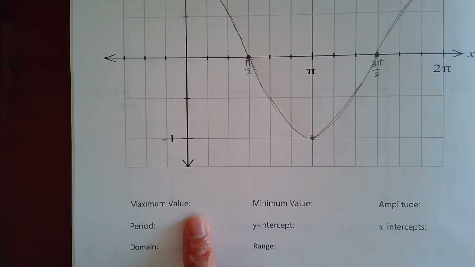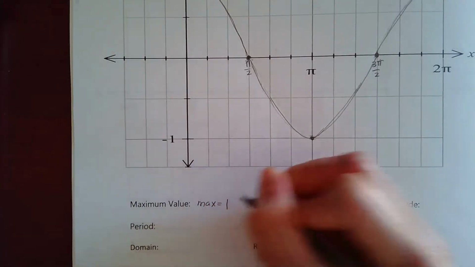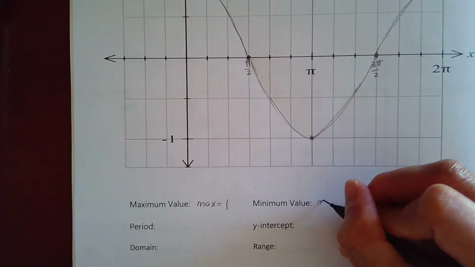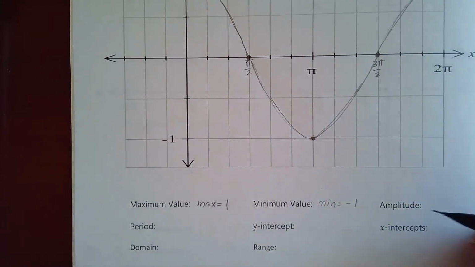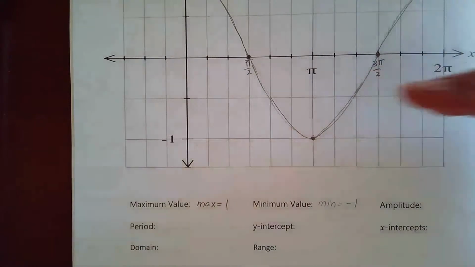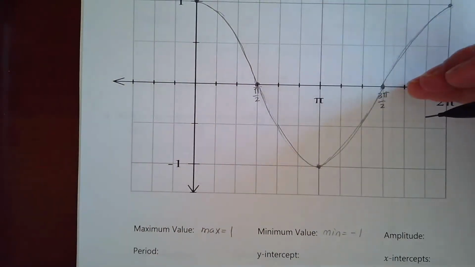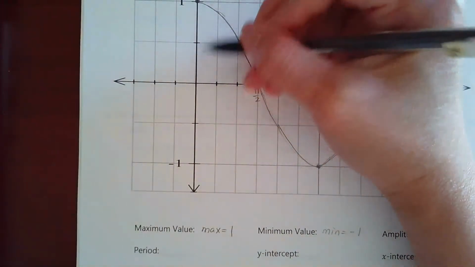The maximum value is the highest value, so max is equal to 1. Minimum is -1 because that's the lowest value. Amplitude is the distance from the middle line to the highest or from the middle line to the lowest, so amplitude is going to be 1.